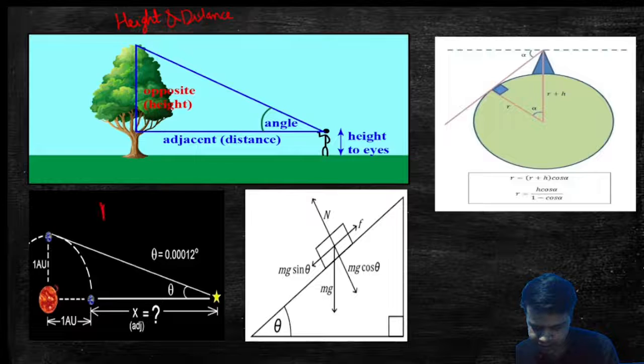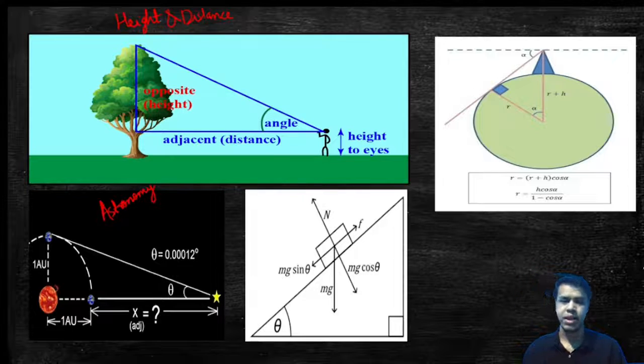Similarly, trigonometry can be used in astronomy to find distances between various objects, various planets, and various planetary objects. It is also used in physics, like to find the components of a vector, the sine theta, cos theta components, which you will learn in higher classes. And this figure is quite interesting.